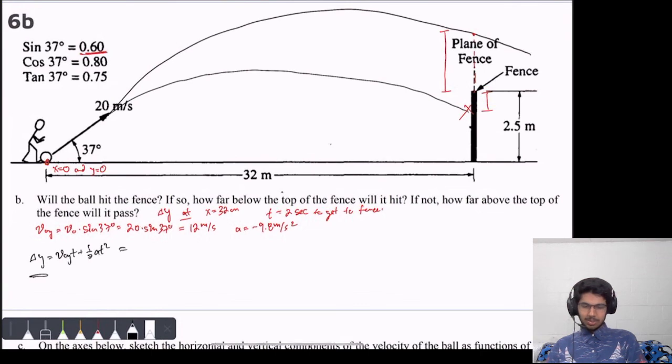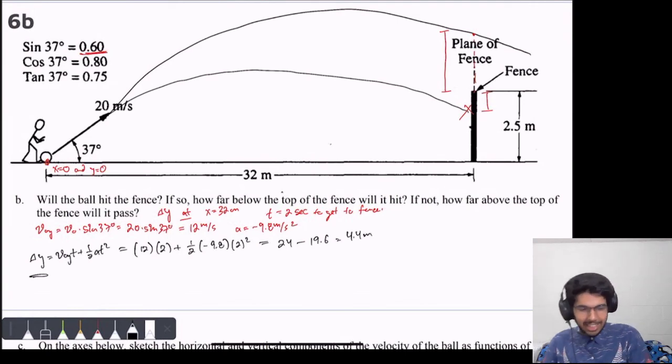So this is equal to 12 times 2 plus 1/2 times negative 9.8 times 2 squared. This is equal to 24 minus, I believe it's 19.6. Yeah, I think that's correct. And this gives us approximately 4.4 meters.